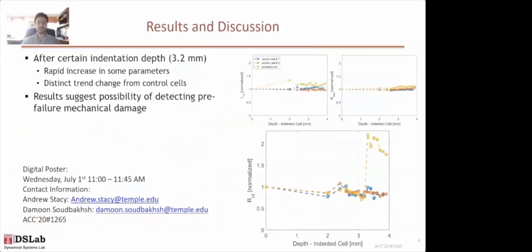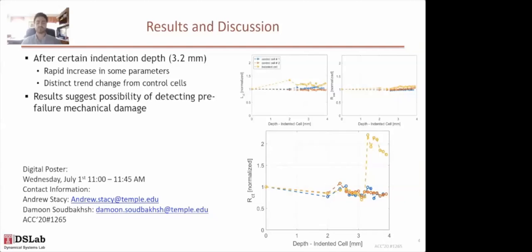The step indentation experiment and modeling showed that some of the ECM parameters diverge from the controlled cells after a certain indentation depth. An example of this is in the charge transfer resistance. At 3.2 millimeters, it can be seen that a rapid change occurs. This is shown in the figure in the bottom right-hand corner of this slide.